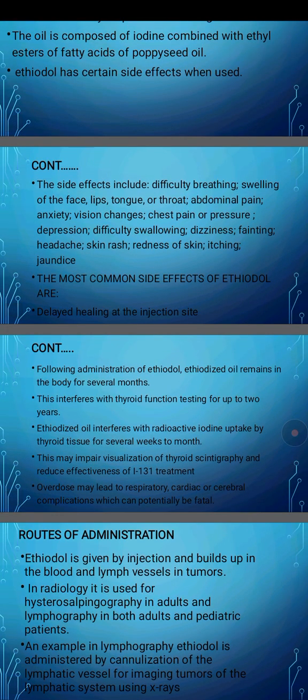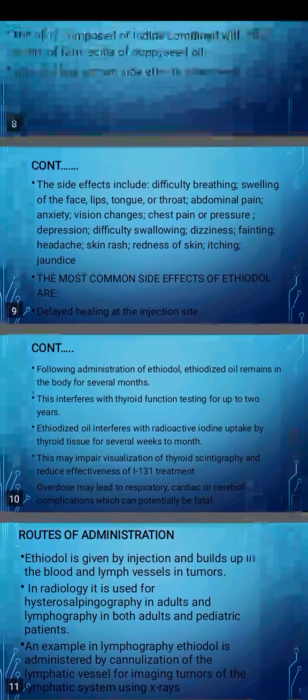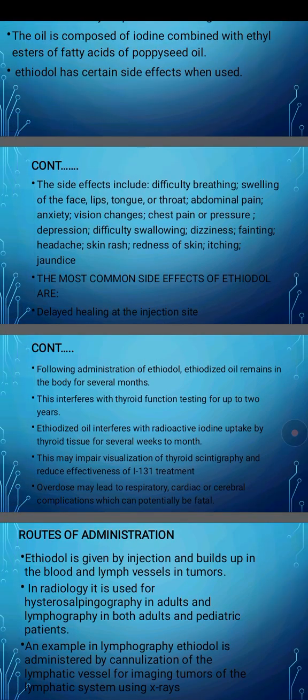And going on to the routes of administration, ethiodol is given by injection and builds up in the blood and lymph vessels in tumors. So it is one of the ways in which the drug is administered to the body. It is by injection.